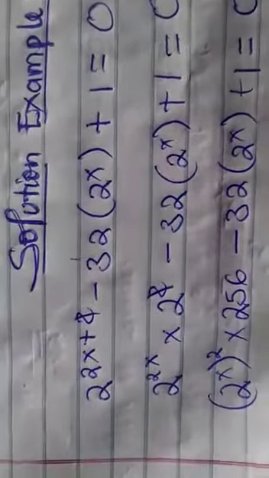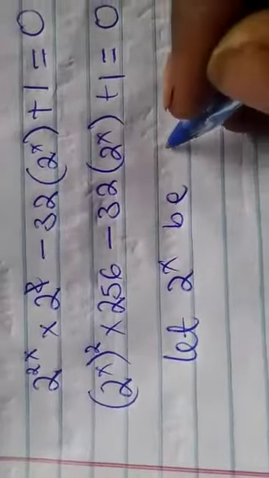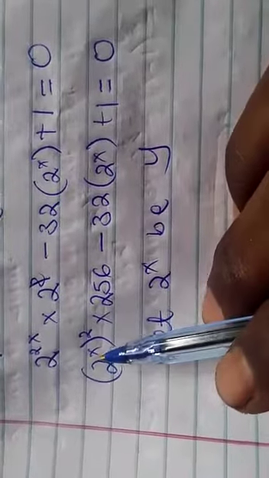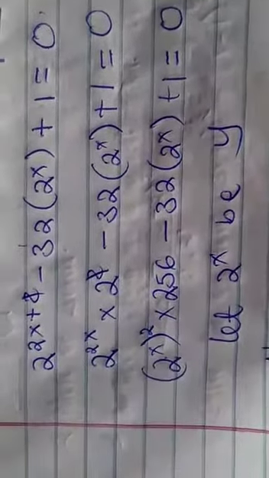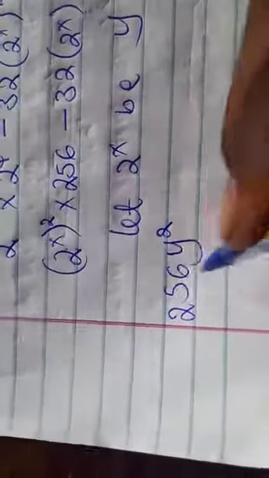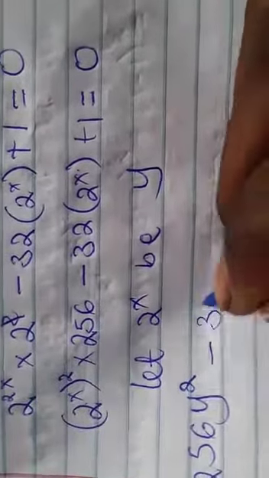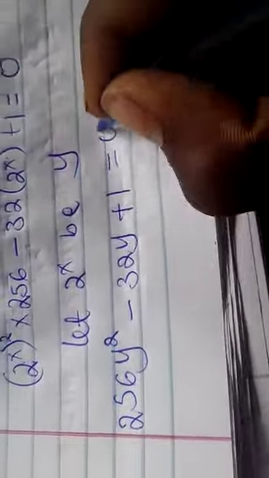Then I can let 2 power x be a given constant, say y. It means that is y squared. Then y squared times 256, that's 256 y squared, minus 2 power x is y, that's 32 y, plus 1 equivalent to 0.